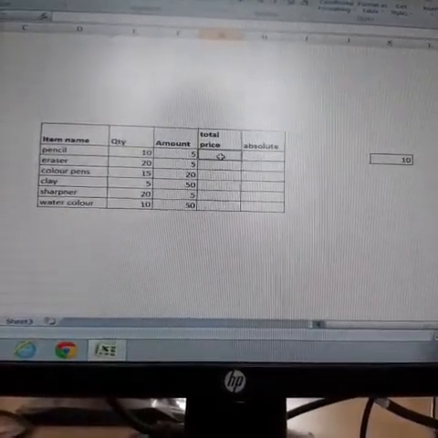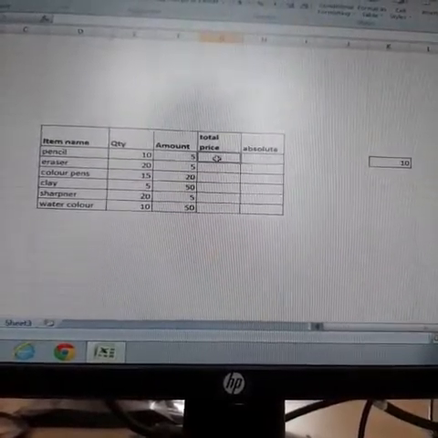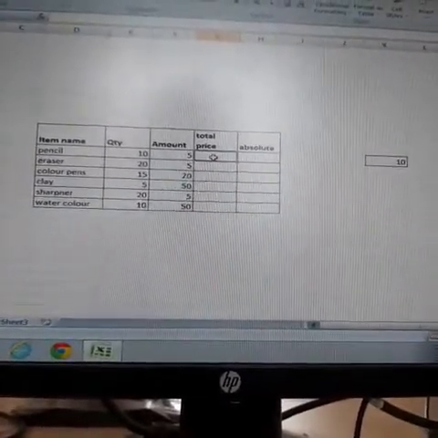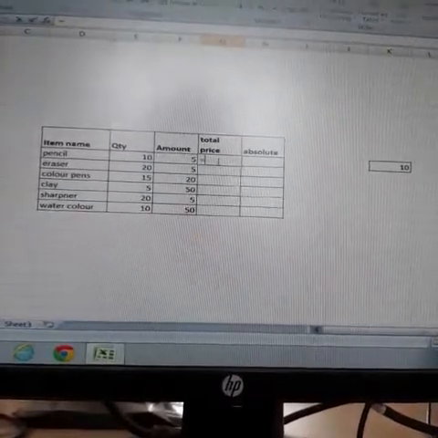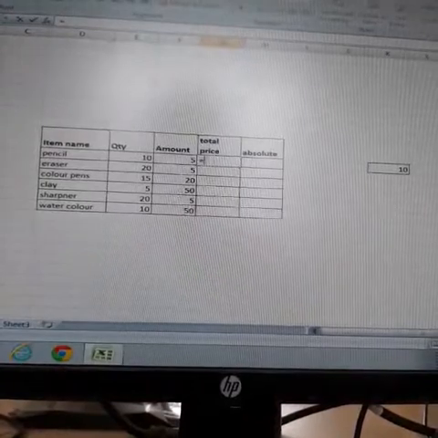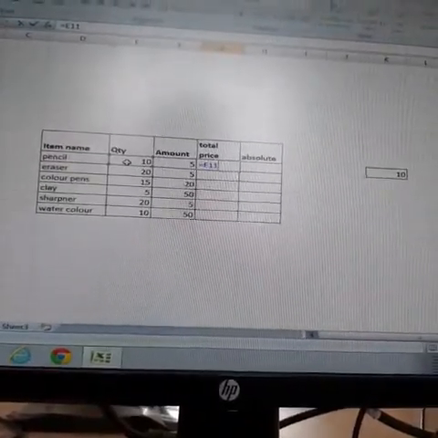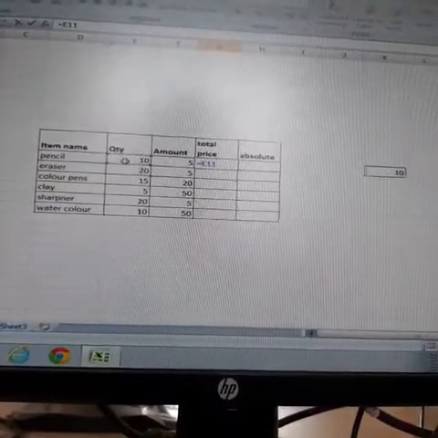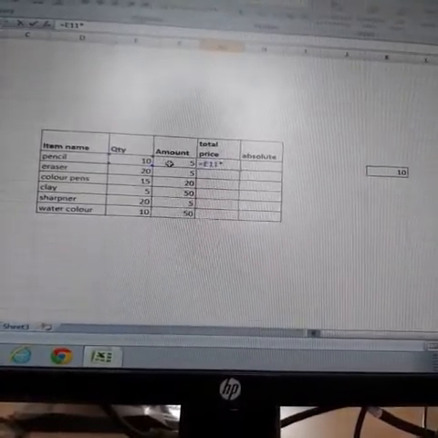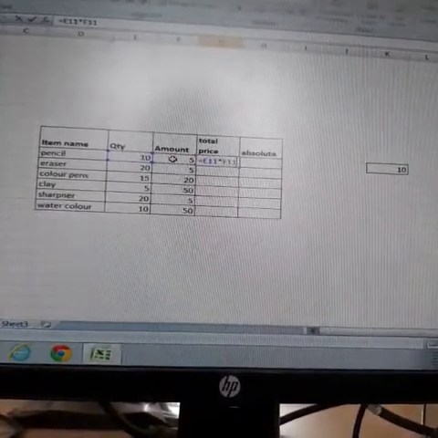So what is the relative reference? Relative reference means, suppose I write the formula here. I am writing the formula equal to, because I just want to find the total price. So I'll take the quantity and then multiply it by the amount of the item.